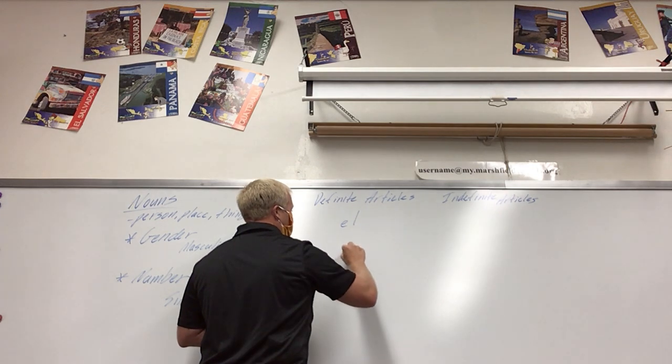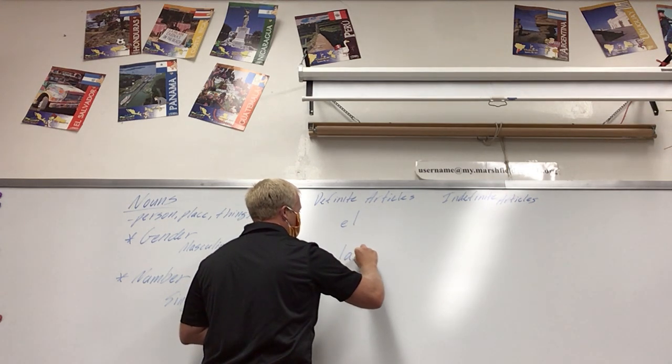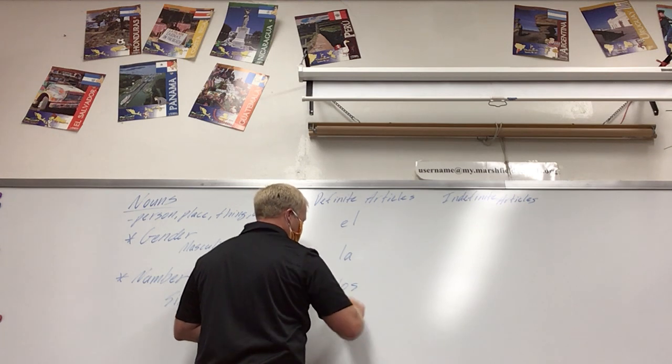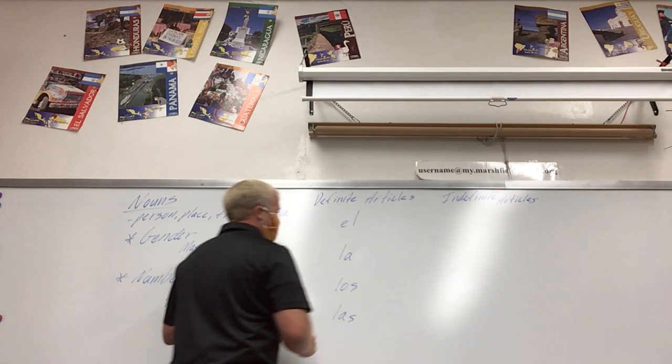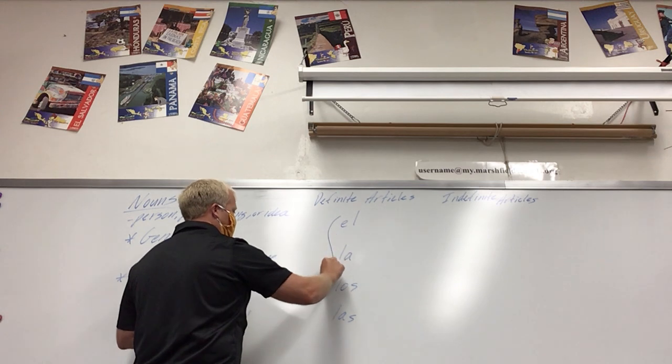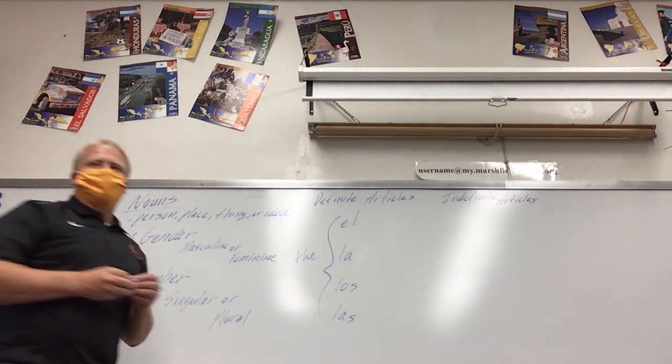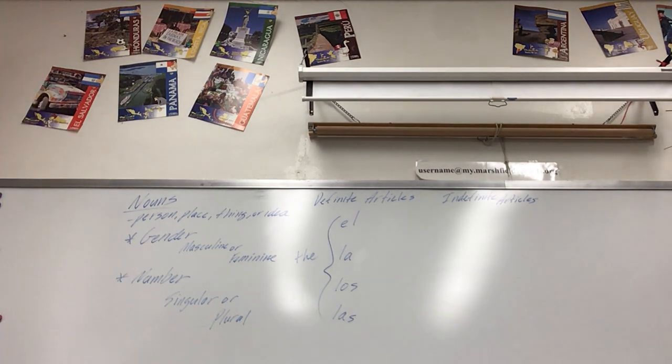El, la, los, and las. Now all 4 of these mean the same thing. They all mean the. They're definite articles. When you are talking about a specific thing, you use a definite article.